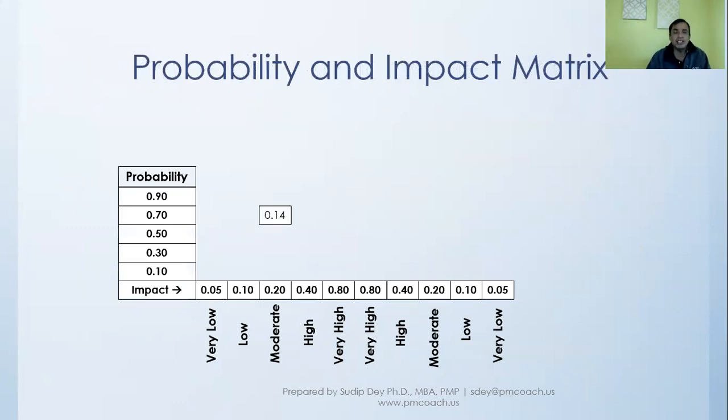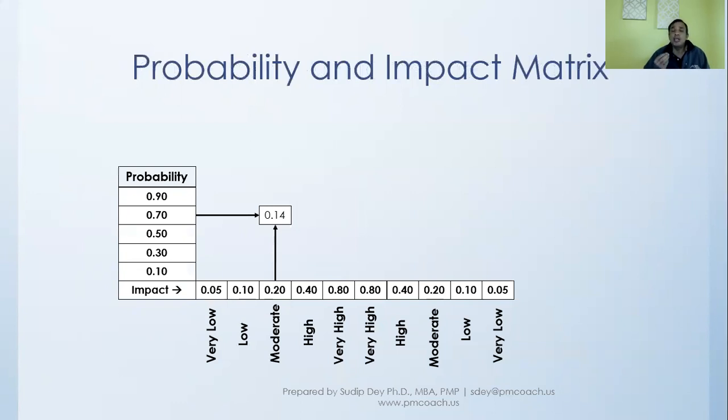So let's take a point where the probability is 0.7 and the impact is 0.2. So, a risk that has a probability of occurrence of 0.7, or 70%, and an impact of 0.2.